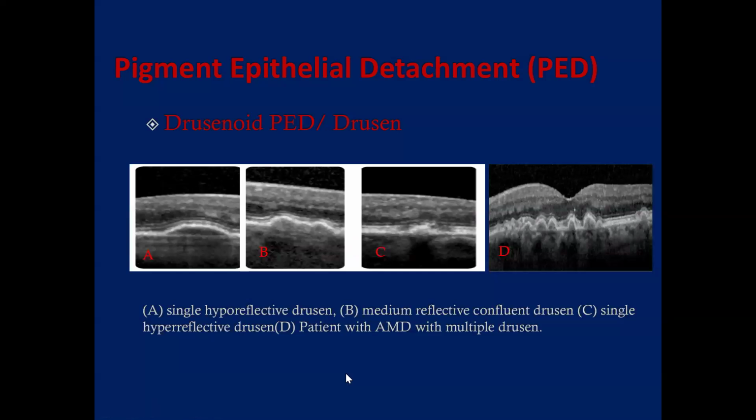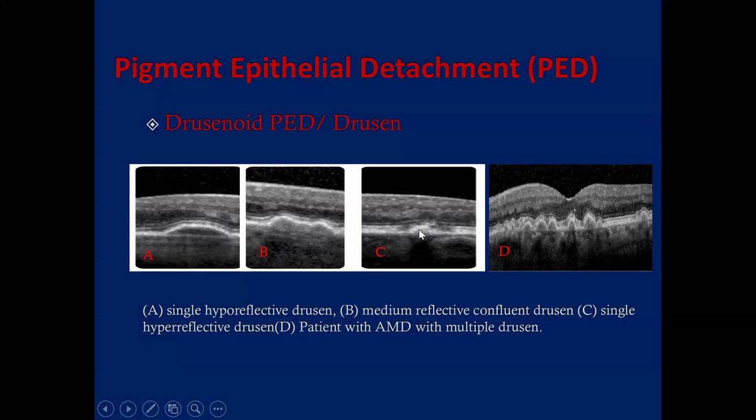So when you find a scan of a patient having such a finding, for example, this patient is having a single hyporeflective material sub-RPE, it is a kind of single drusen or drusenoid retinal pigment epithelial detachment. But sometimes you can have medium reflective confluent drusen. Still, it is a sign of drusen.